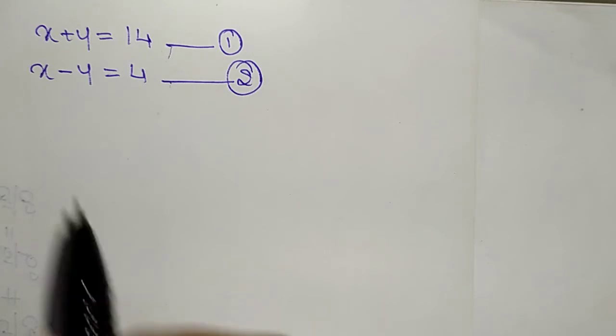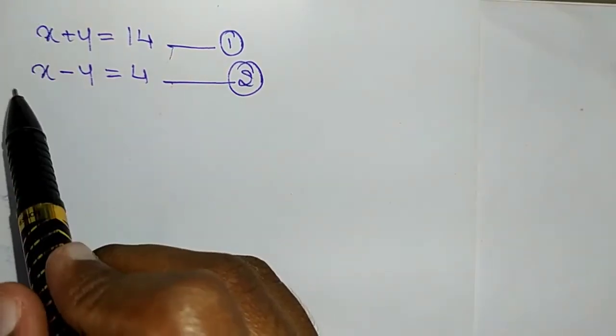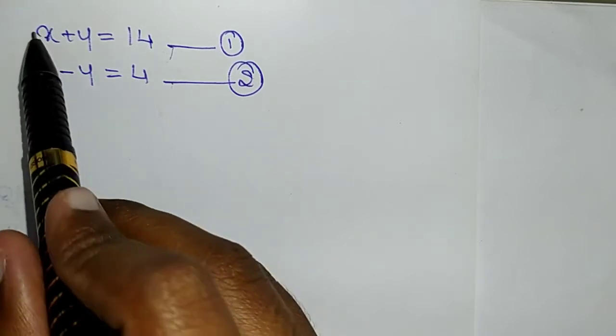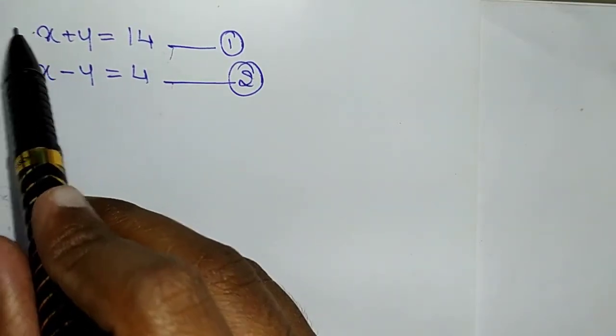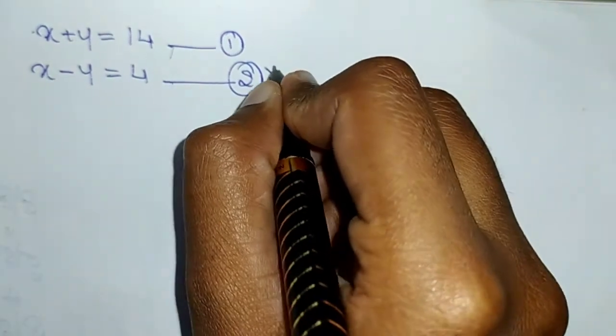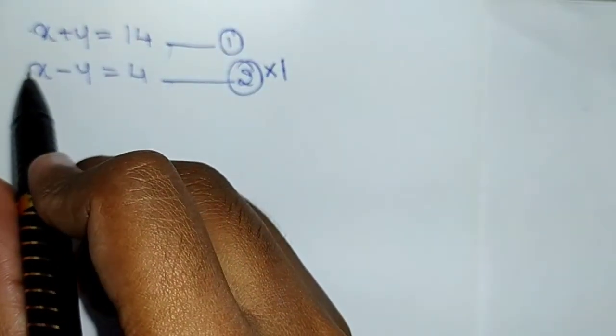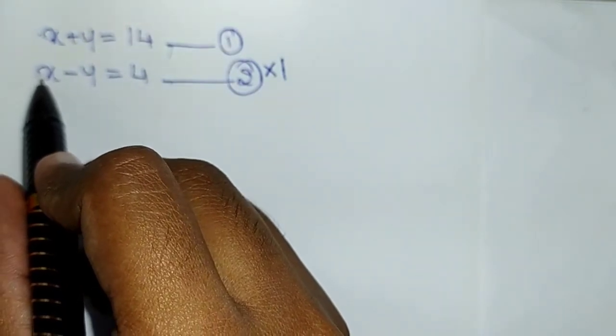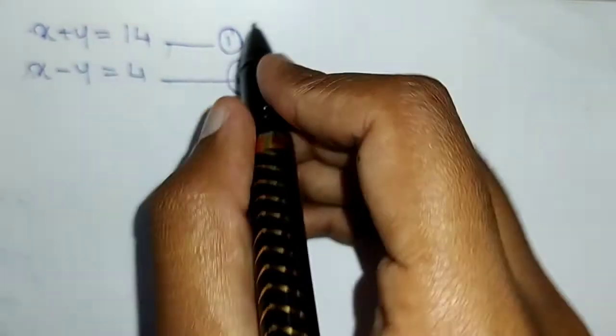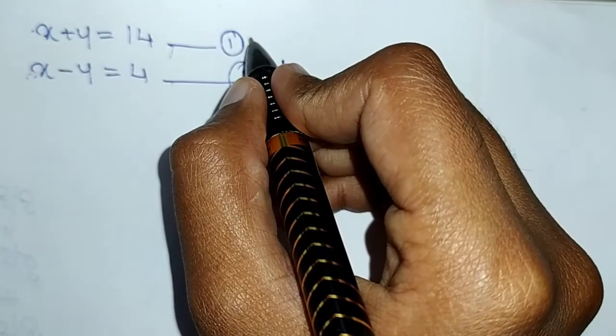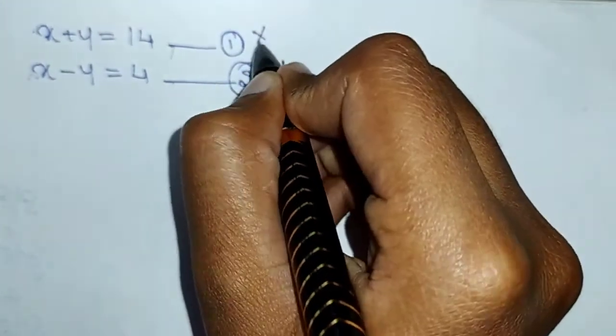For example, here I am going to eliminate x from my equation. So the coefficient of x in first equation is 1. So I will multiply second equation by 1. And similarly, the coefficient of x in the second equation is 1. So I will multiply 1 to the first equation.